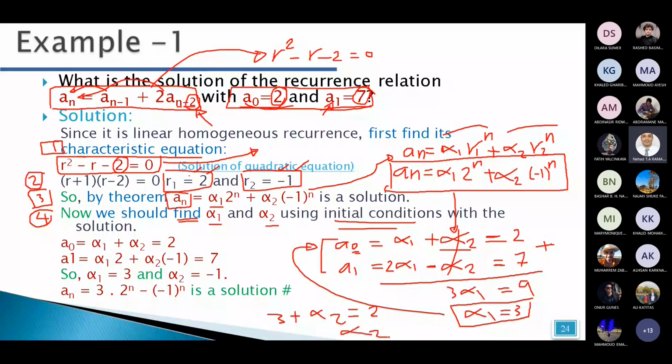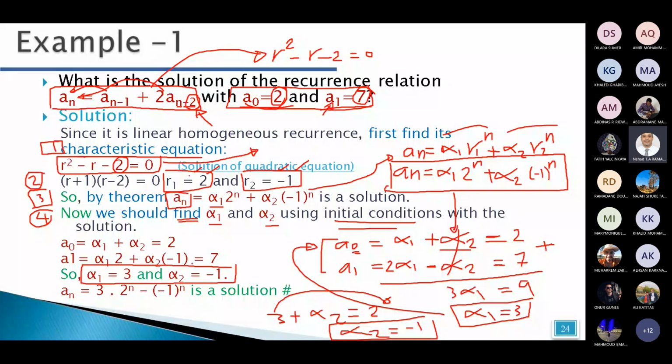So alpha 2 equals -1. Why -1? Because this plus 3 goes to the other side as minus, so 2 minus 3 becomes minus 1. So we get the values of alpha 1 and alpha 2.